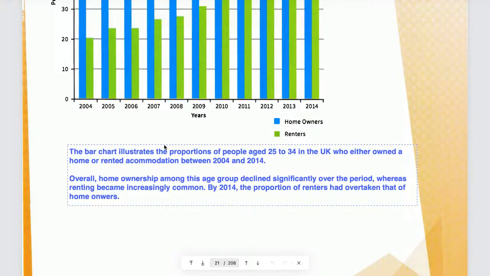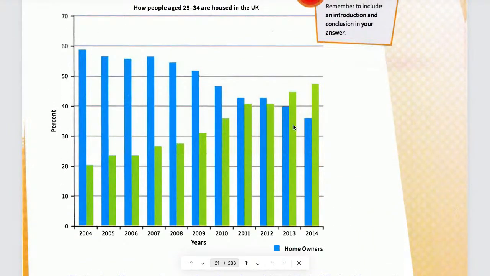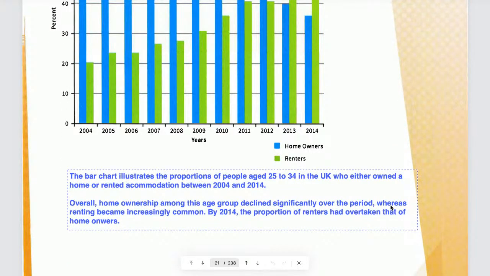Decline significantly over the period. Yes, we can see it decline significantly, right? Over the period. It's good. This one is really nice, right? Whereas, we are trying to make a comparison between the home ownership category and the other.